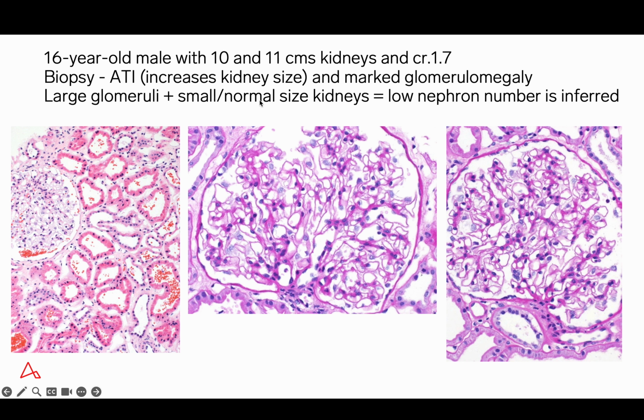So if this individual had normal renal function and no interstitial edema, in all likelihood the kidney size would be less, who knows, maybe 8 or 9 centimeters. If we look at the glomeruli, notice there's marked glomerular enlargement with numerous capillary loops. So if we combine large glomeruli with small or even normal sized kidneys, we can infer low nephron number is present.